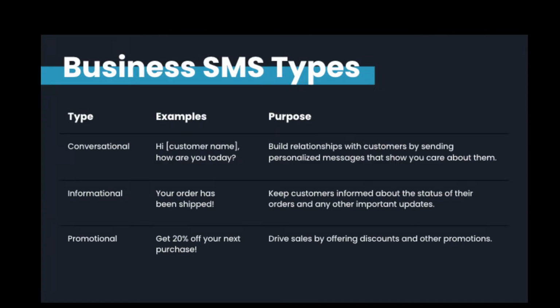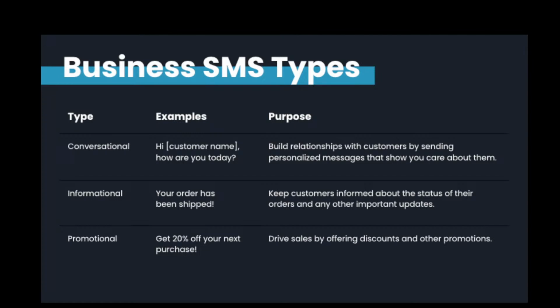When it comes to business texting, there are three types of messaging: conversational, informational, and promotional messages. Each type of message has its own purposes and can be used to achieve different results. Conversational messaging is typically intended to engage customers in a two-way conversation, such as answering customer questions, providing support, or simply staying in touch, which can really help build relationships with your customer base.